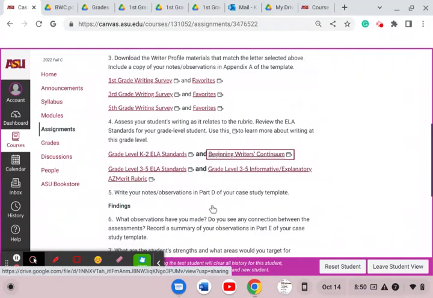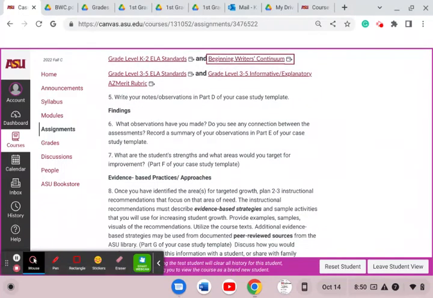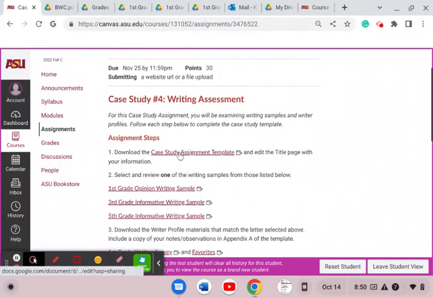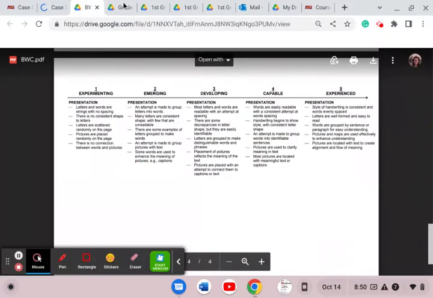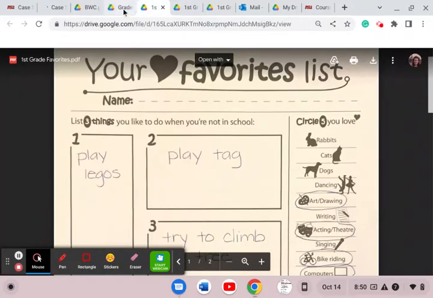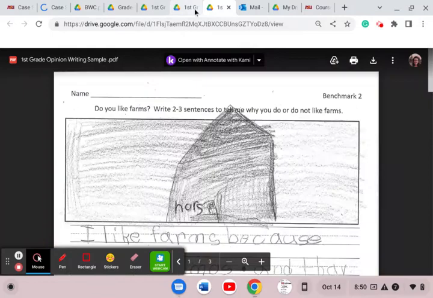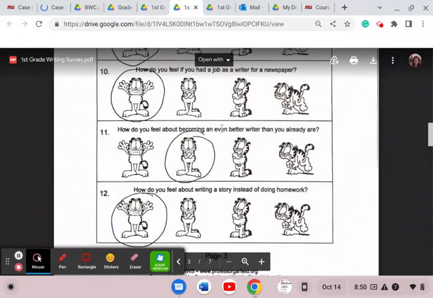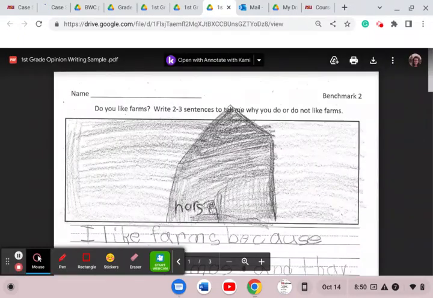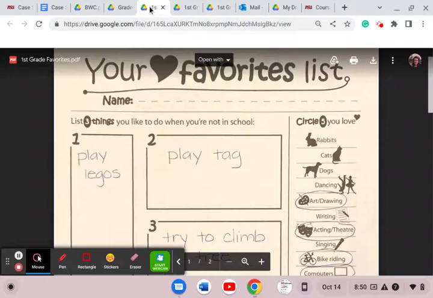So what are you going to do with this? We know that you are a master at this template now. So you're going to take all this information. Where I would start is I would first get a really good look at the samples. So where is the child's motivation in reading? Where do you think the child is in writing?